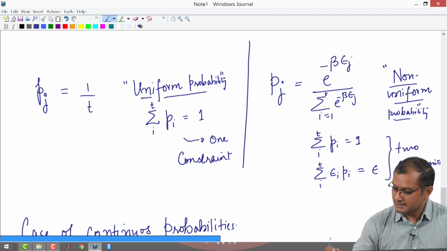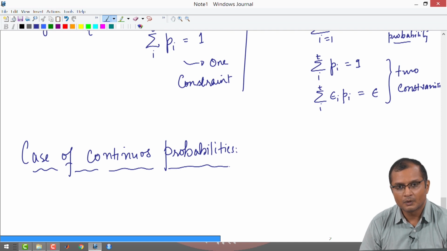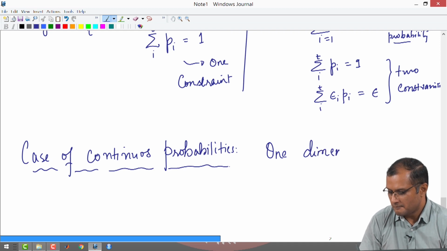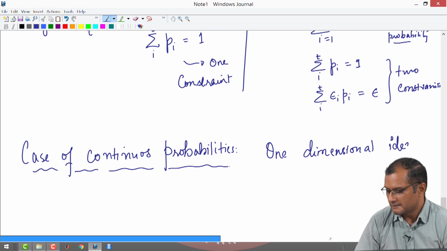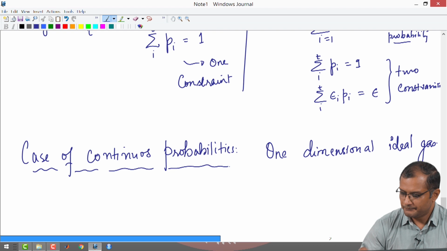So, let us look at the case of a one dimensional ideal gas. Okay.